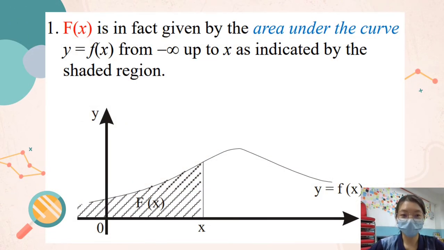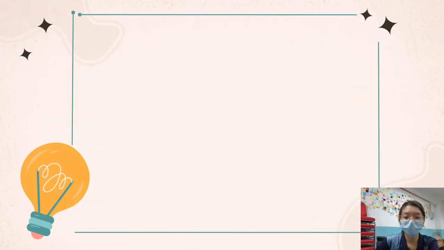From the diagram, F(x) is in fact given by the area under the curve y equals f(x) from negative infinity up to x, as indicated by the shaded region. The area under the curve is actually our F(x), the cumulative function. Here's our formula that we are going to use in our questions later.